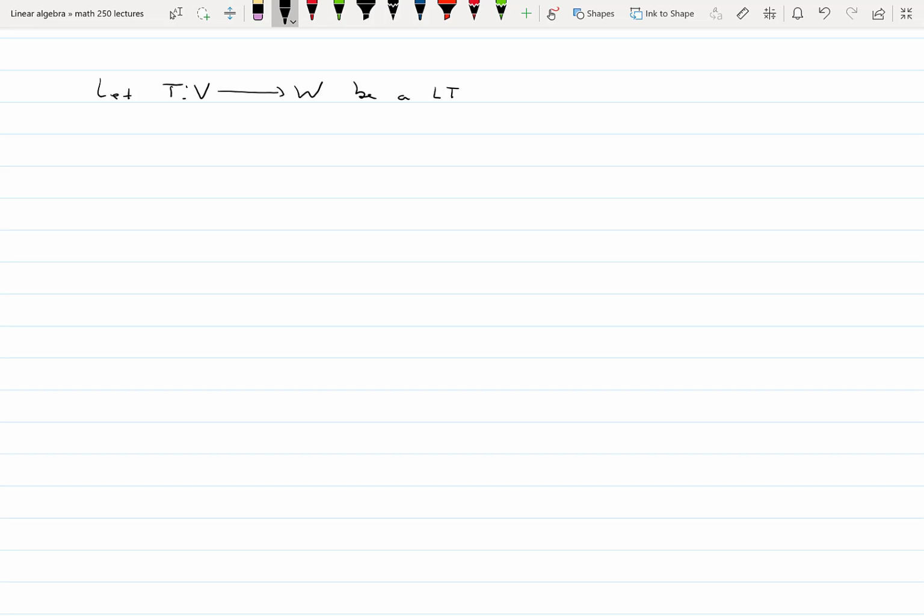Let alpha, composed of V1, V2, all the way up to V sub n, be a basis for the vector space V, and let beta equal W1, W2, all the way up to Wm, be a basis for W. Now notice that the subscripts on the bases alpha and beta don't end at the same place.